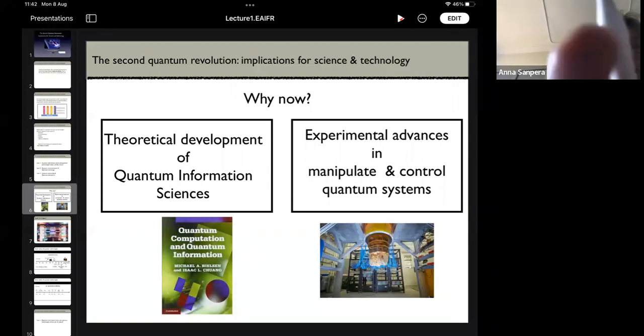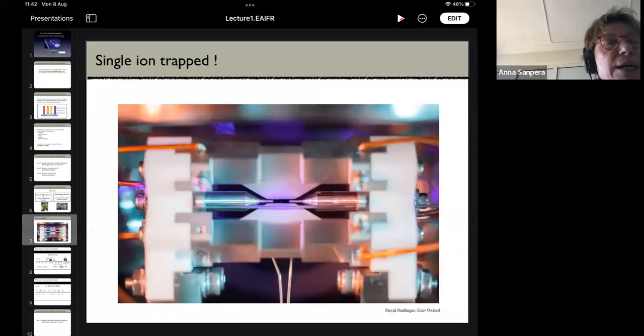Okay, but to give a better idea of what I mean by experimental control, this is a picture from Oxford University, in which if you look very carefully, in the center of this picture, approximately here, there is a single ion, only one ion, and you can see it with your naked eyes. So it means you can control everything around this ion.